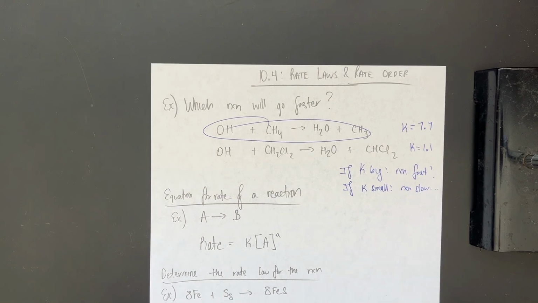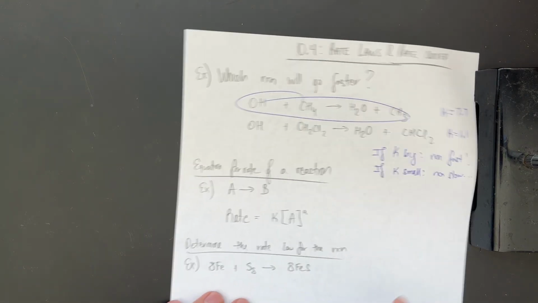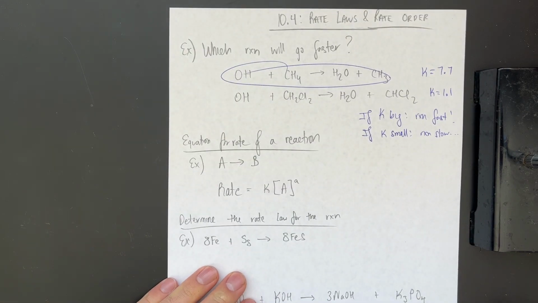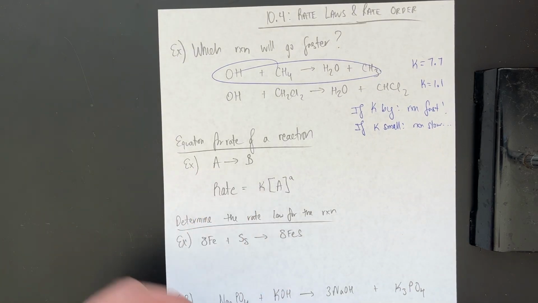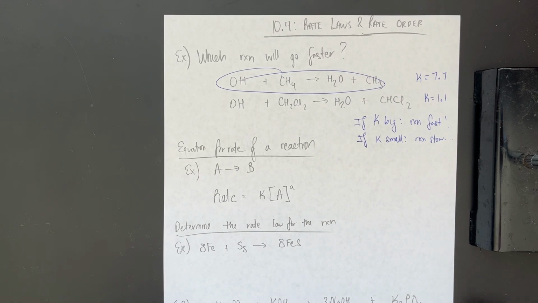Now, the way that we use K and the way that we get K is by creating an overall equation for the rate of our reaction. Let's say we have the generic A becomes B, some reactant becomes some product.